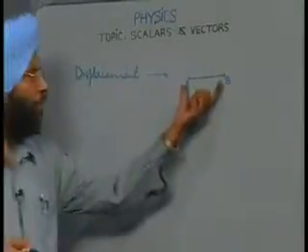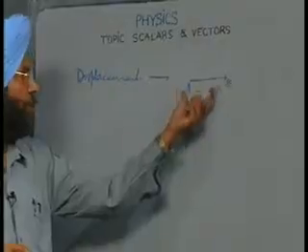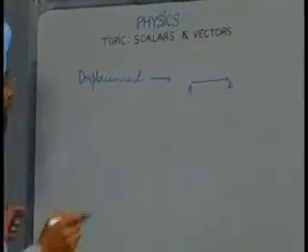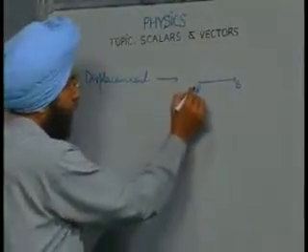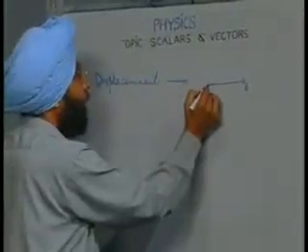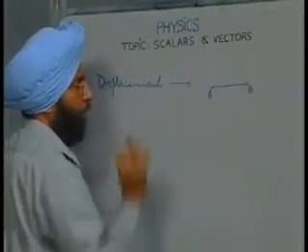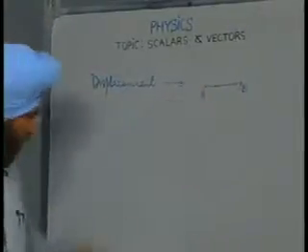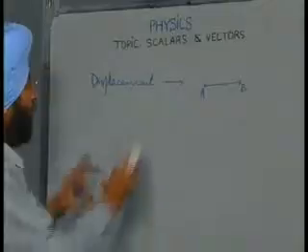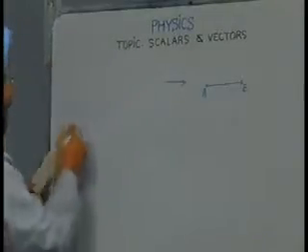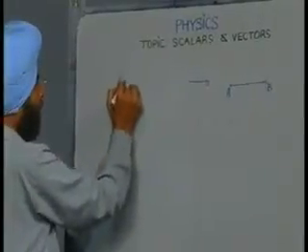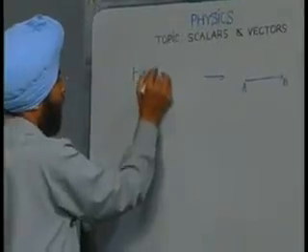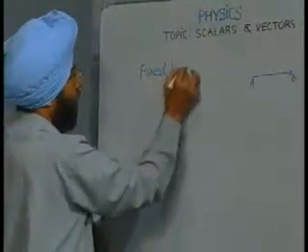So, this is the shortest distance travelled by the particle. Now, here the tail of the vector is fixed, at the initial position. So, this kind of vectors we define as fixed vectors or localized vectors.